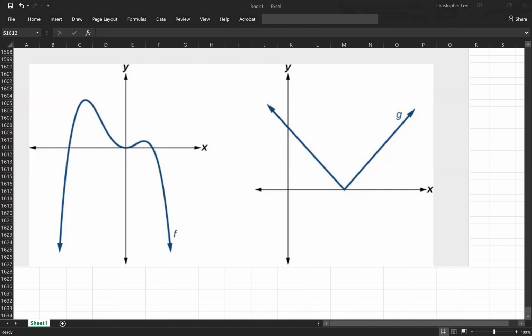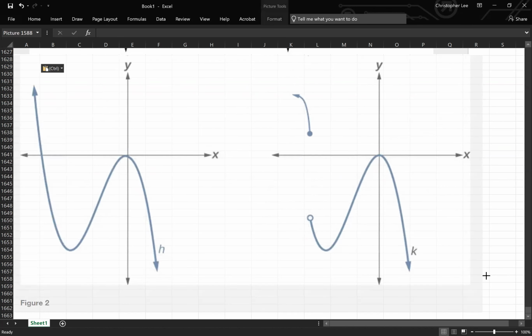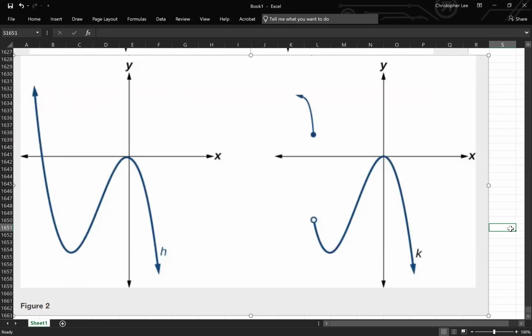Let's look at this third one. Polynomial or not? Okay, good. What about the fourth one, this one right here? Nope.